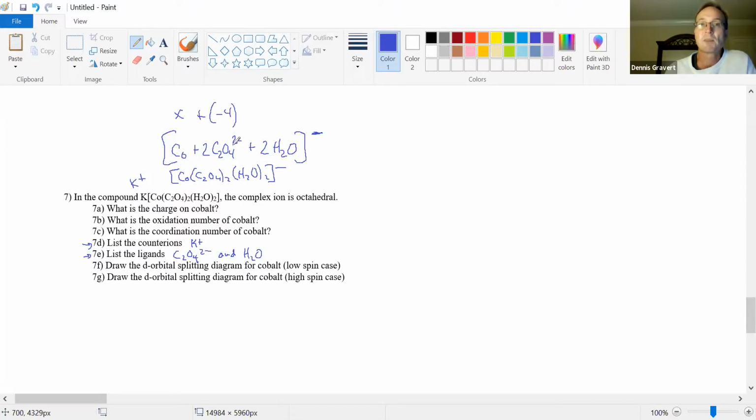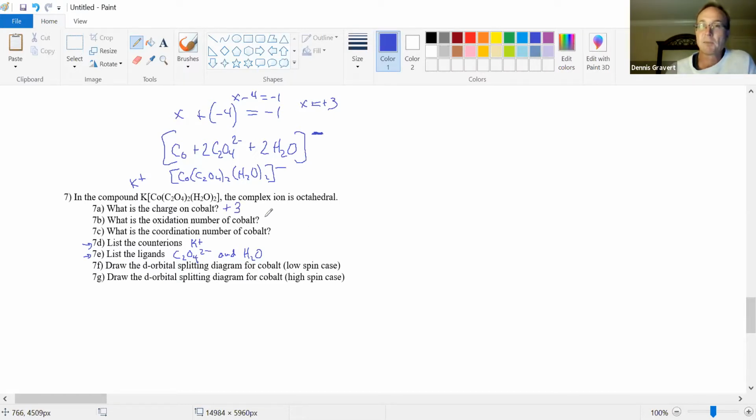There's 2 of them at -2 each. Water doesn't have any charge. So the cobalt and these 2 things have to add up to a net charge of -1. So X is a +3, right? X - 4 equals -1, add 4 to both sides. Yep, X equals +3.